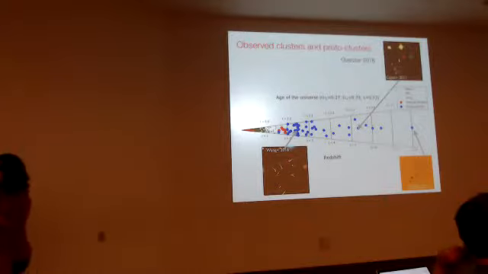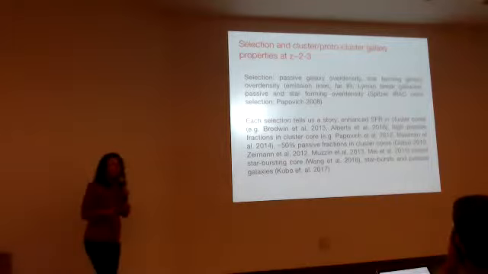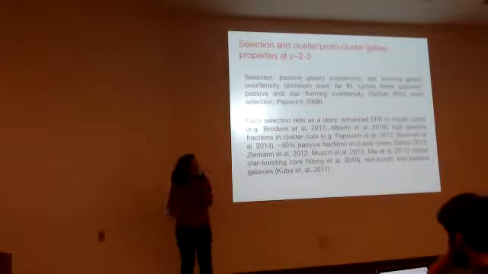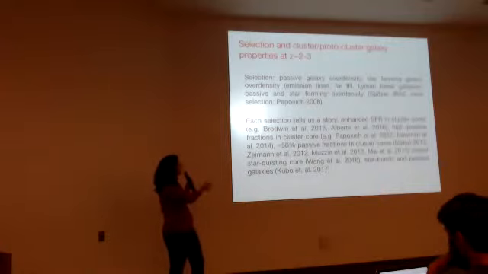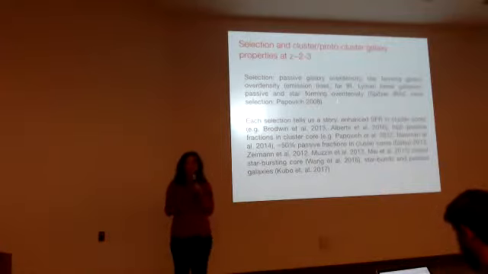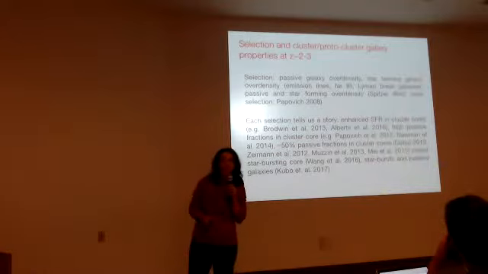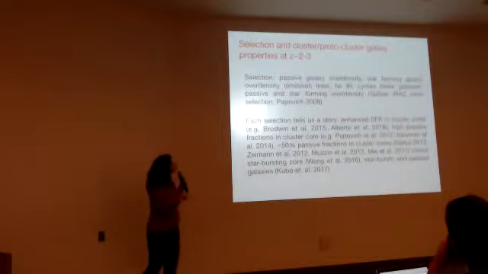So all these different techniques tell us different stories about quenching, because you can select on passive galaxy overdensities, on star-forming galaxy overdensities, or on star-forming and passive galaxies with Spitzer using the Papovich technique. So you're mixing up different kinds of galaxies depending on the redshift where you are, and each selection tells you a different story.